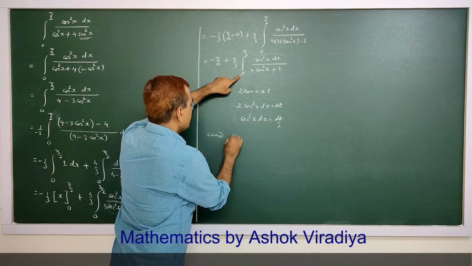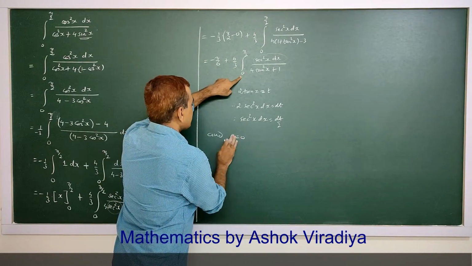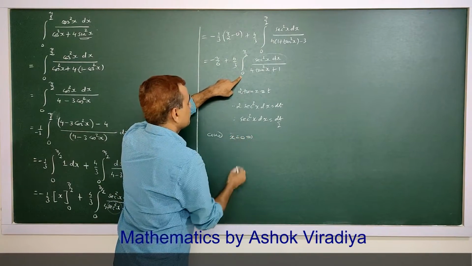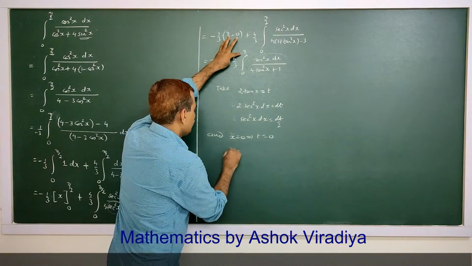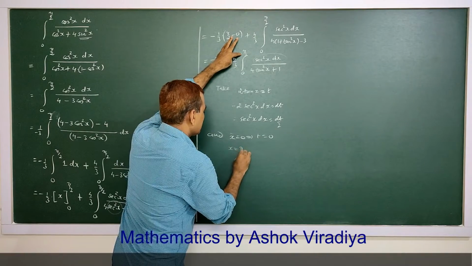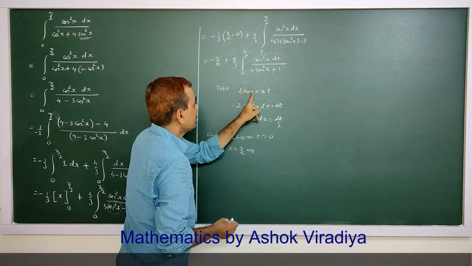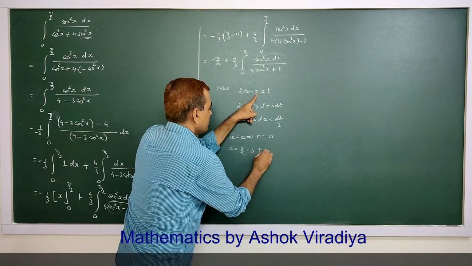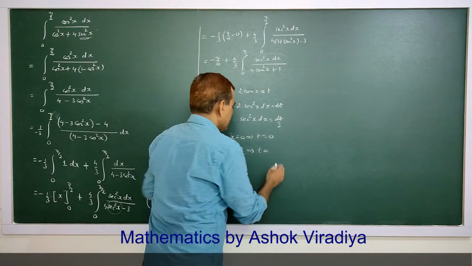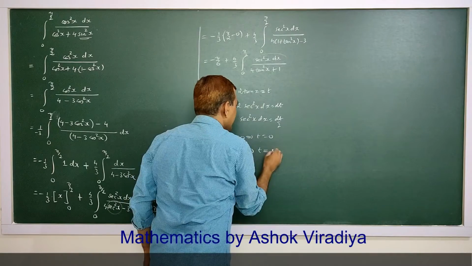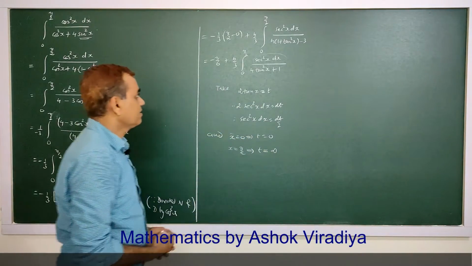When x is 0, put here 0, t will be 0. When x equal to pi by 2, putting here pi by 2, tan pi by 2 is infinity, 2 into infinity is infinity.